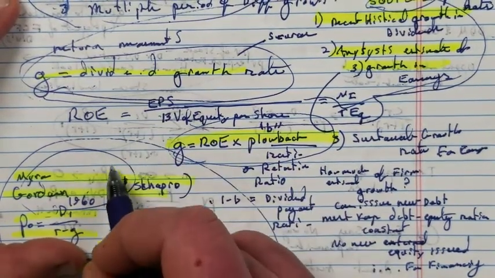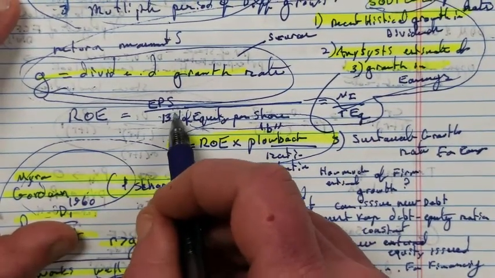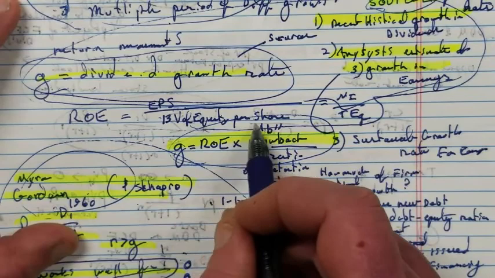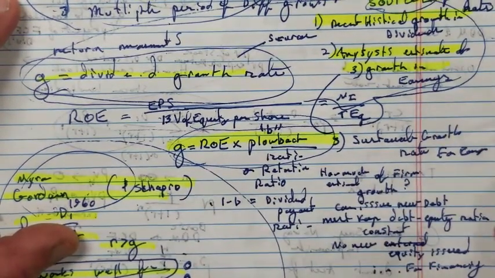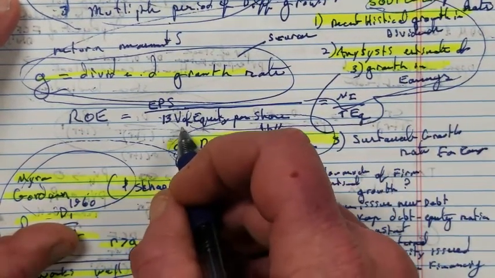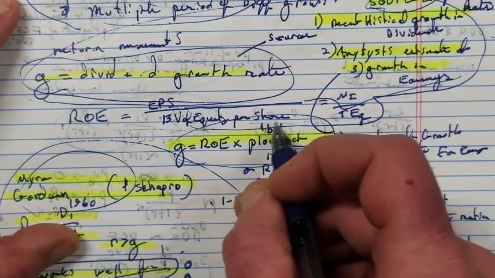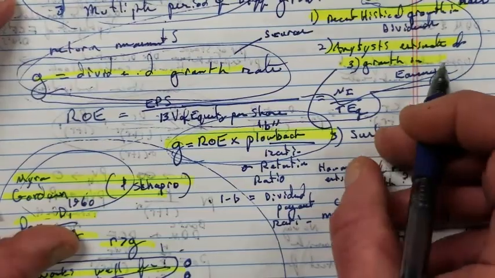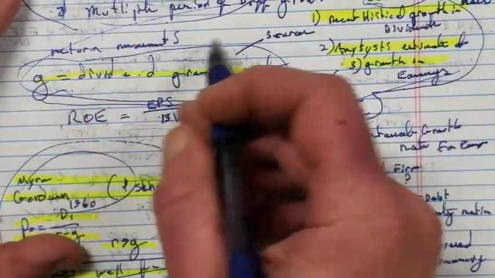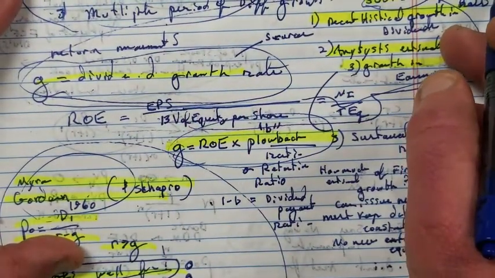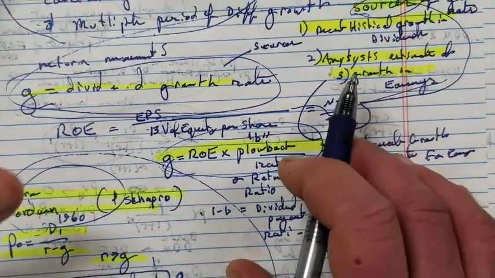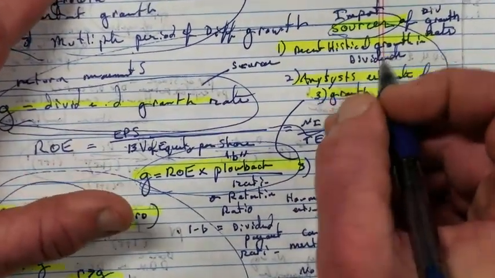ROE, earnings per share over the book value of equity per share. And that's what book value is. It's just the book value that comes from the balance sheet of the equity on a per share basis. Okay, you guys, where are some sources that we can draw upon for our growth rates? Because there's also earnings growth rates, right?